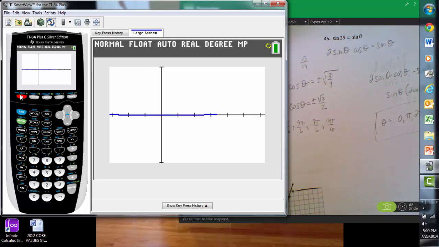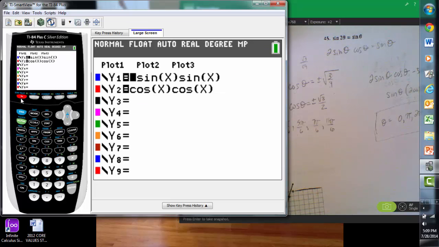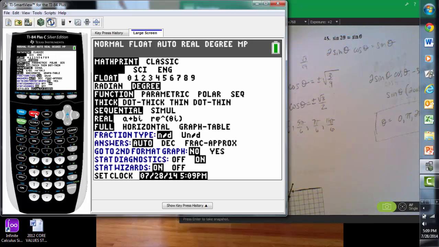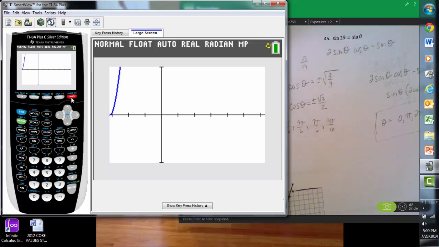What did we do? Good thing I know how to edit this. Three sine x sine x. I bet I am not in radians. Oh, look at that. There we go.